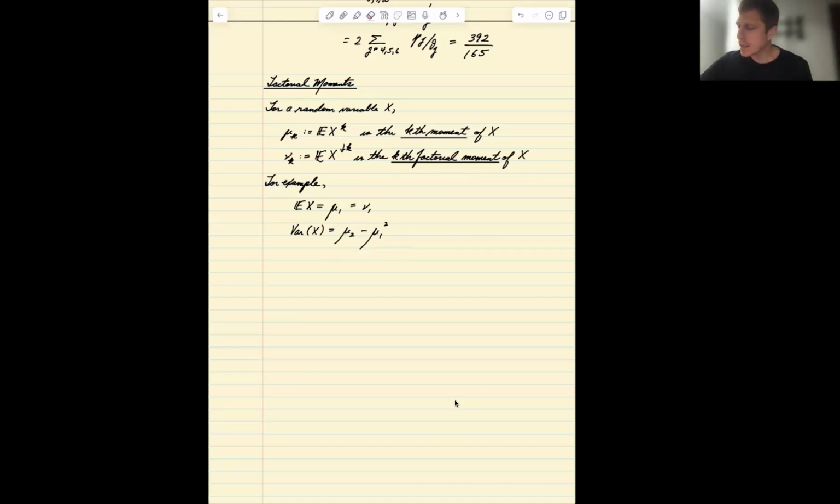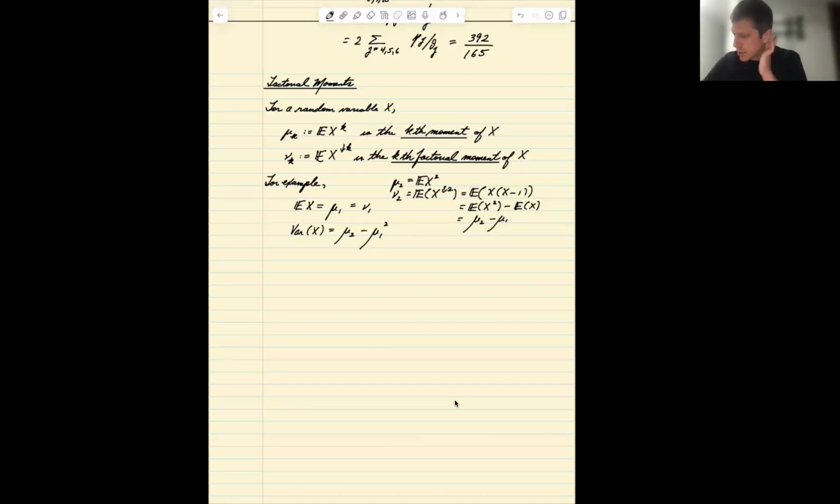And as it turns out, we can express the second moment. Look at it up here: the second factorial moment, expectation of x falling factorial 2, is the expectation of x times x minus 1. So it's the expectation of x squared minus the expectation of x. So the second factorial moment is equal to the second moment minus the first moment.